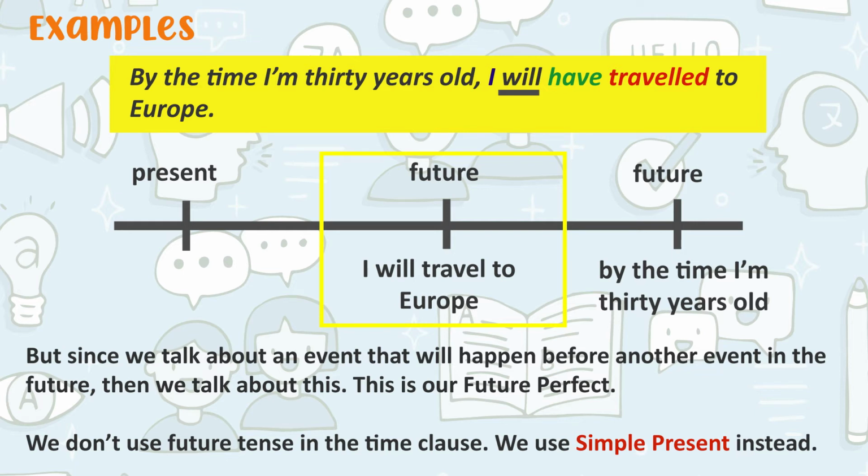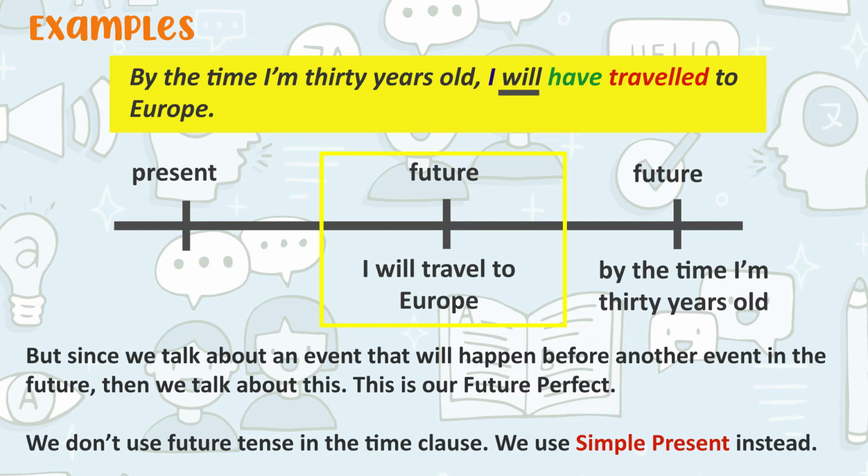By the time I'm 30 years old, I will have traveled to Europe. There we have two future events in this sentence. I will travel to Europe, and also we say by the time I'm 30 years old. But since we are talking about an event that will happen before another one, then we talk about this, and this is our future perfect.